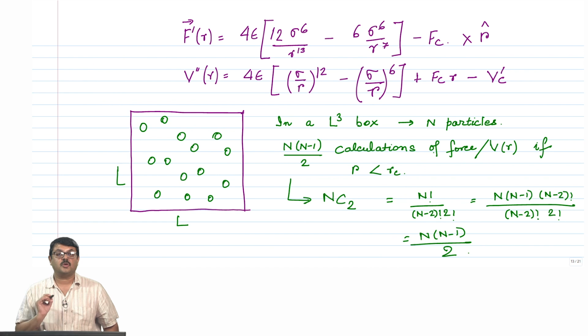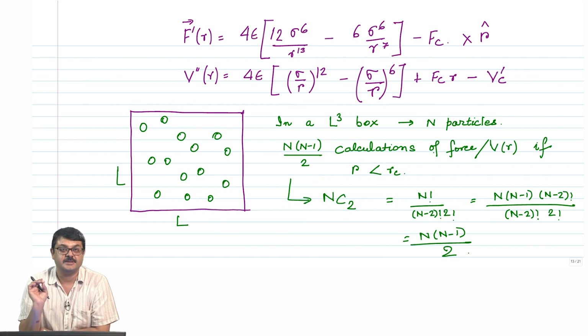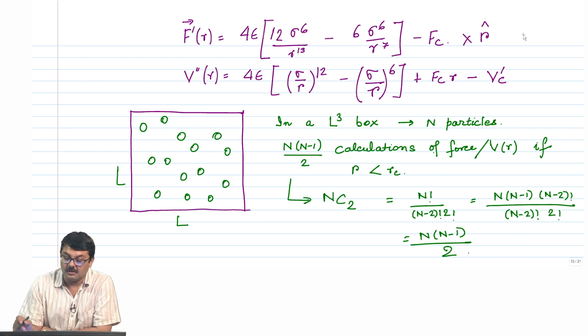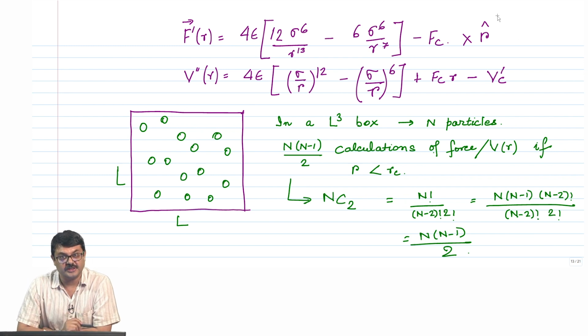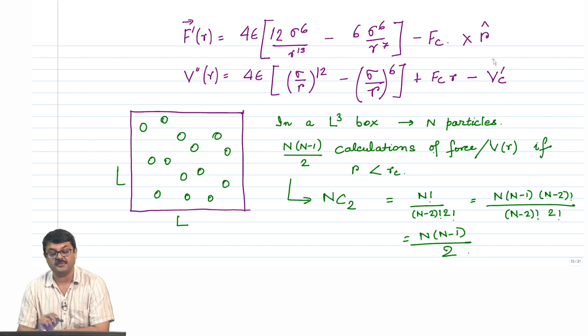So, your actual operating potential is now a modified Lennard-Jones potential, modified very slightly, as you should check, as we discussed last time, that the value of f c is very small, and the value of V dash C is also going to be very small. But anyway, technically you have modified it.